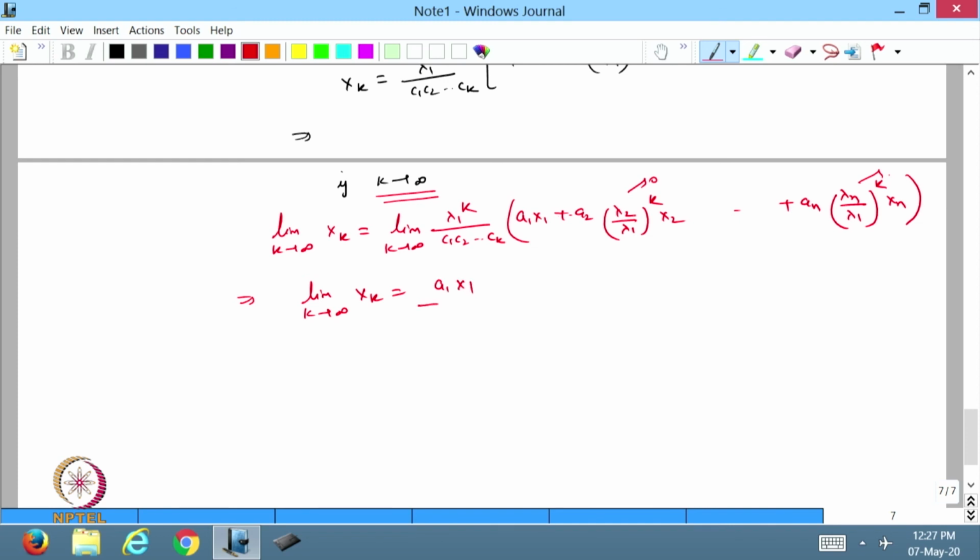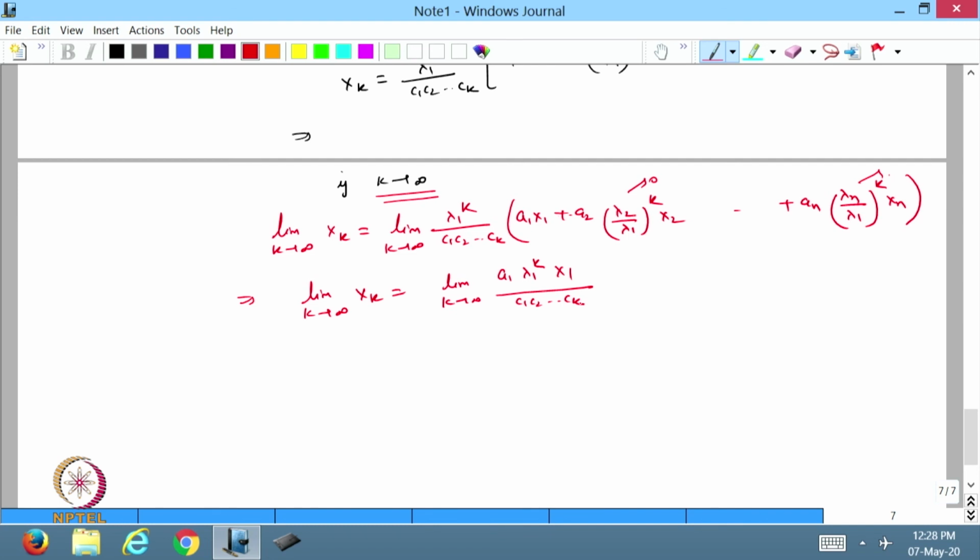So, from here I will get a1 x1, this c1 c2 up to ck. I will be left with only the limit k tends to infinity of a1 lambda 1 power k x1 by c1 c2 up to ck.